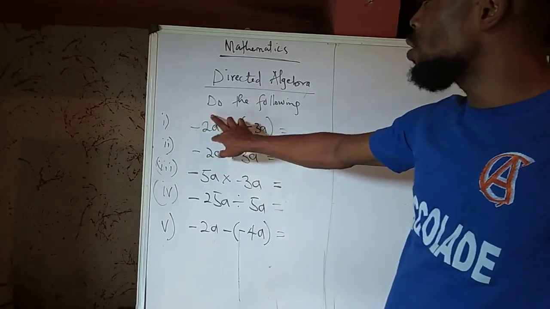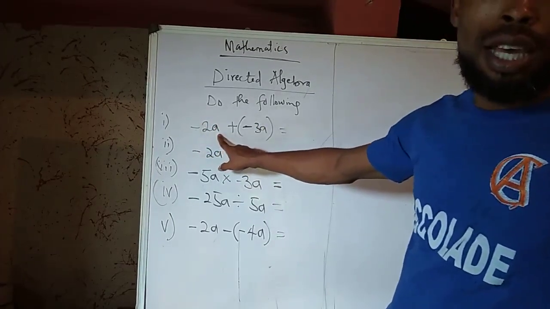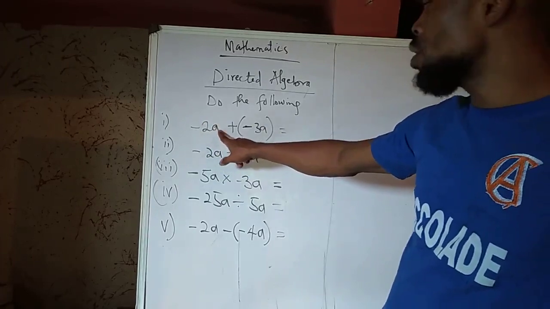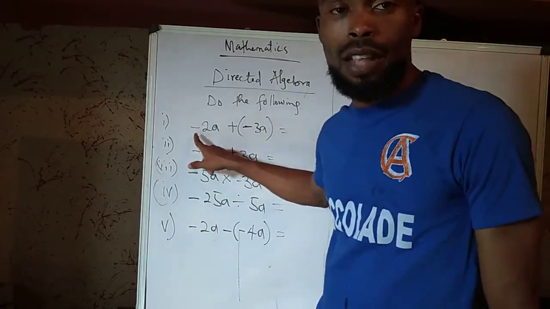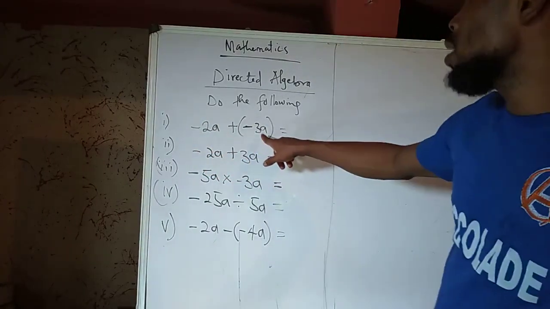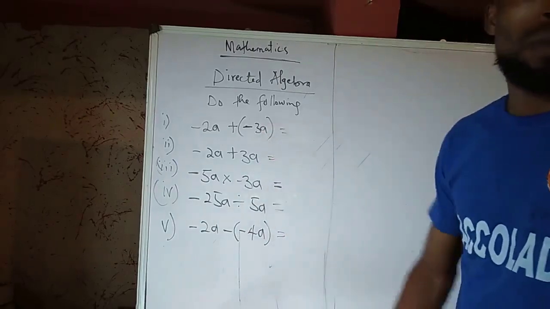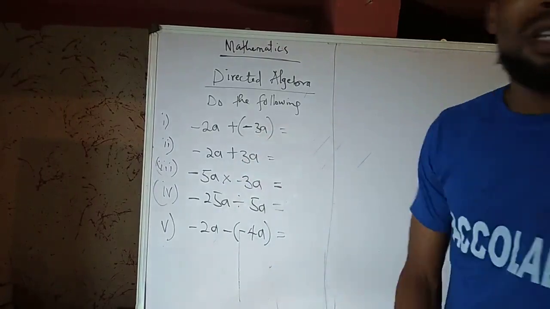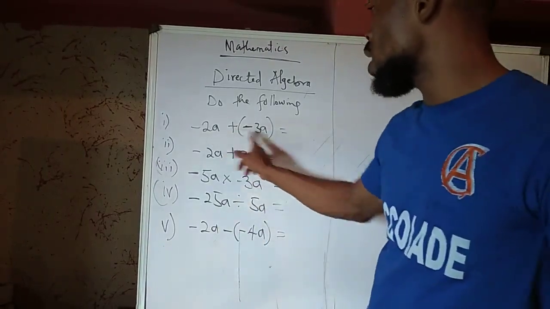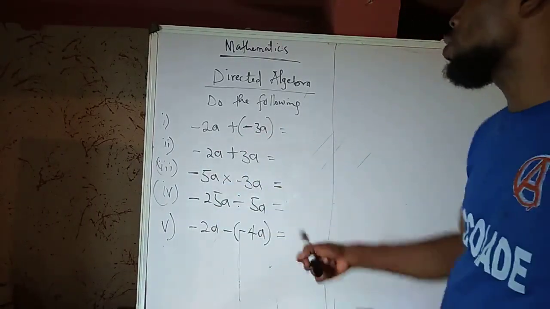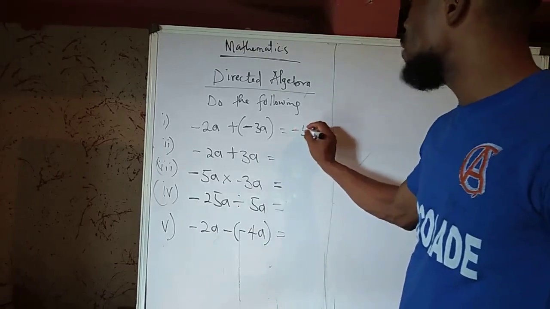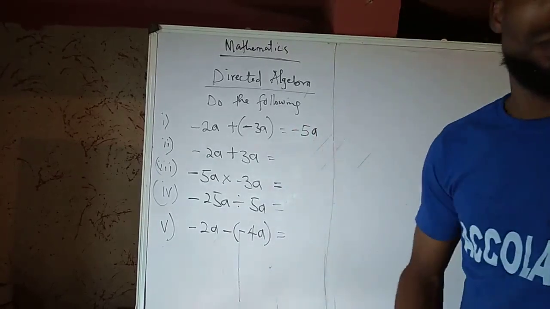Alright, now let's say you are owing 2a, okay. You're owing 2a because it's negative. That's why I said you're owing. And then you are owing another person 3a, okay, because it's negative. Now the total of what you owe, because we are summing both of them together, is going to be minus 5a.